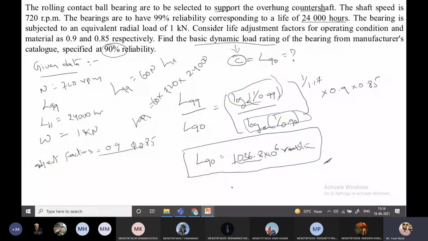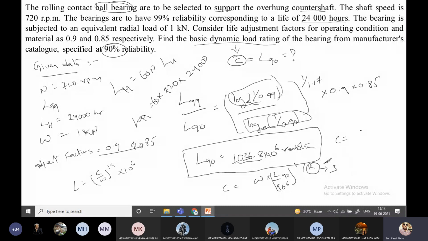Now what is being asked is the C value. Now, what is the basic equation for the C value? L equals C by W to the power K into 10 to the power of 6. So with this equation, C is nothing but W into L by 10 to the power of 6, for 90, to the power 1 by K. Here the question mentions ball bearing, so for that reason I am taking K as 3.